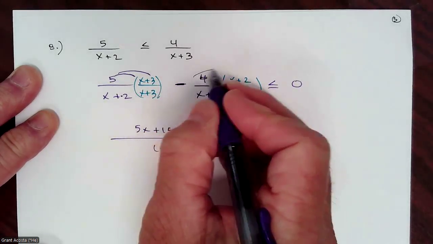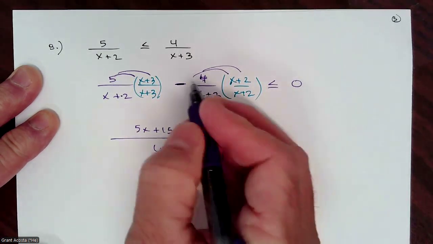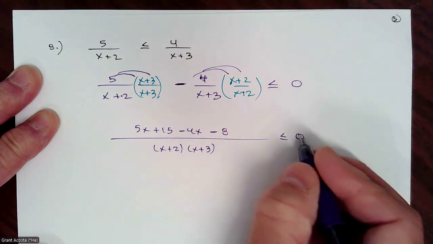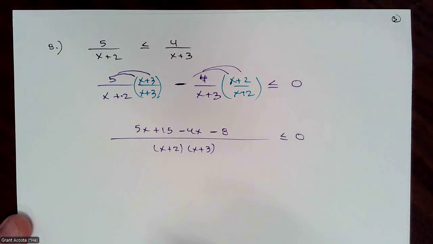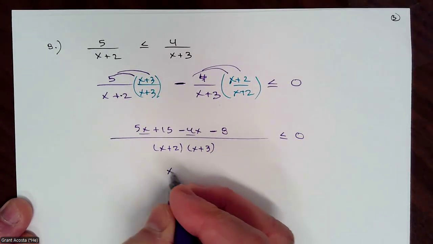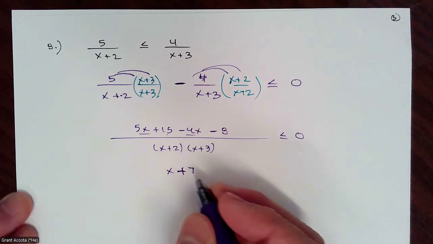That negative goes to both of them. -4x, and -4 times +2 is -8. And combining some like terms, we have x, 15 minus 8 is 7, x plus 7.